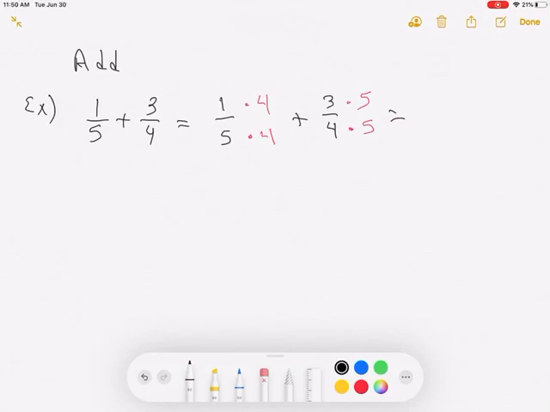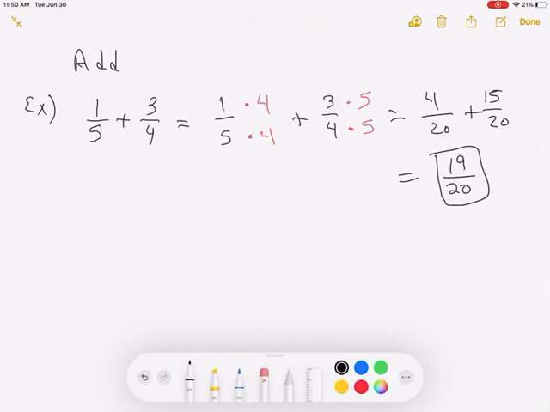So once we do that, 1 times 4 is 4, 5 times 4 is 20, 3 times 5 is 15, and 4 times 5 is 20. Like I said, denominators have to be the same. In this case, they are. Now all we do is add numerators and keep the same denominator, and we get our answer. Now here, the numerator is smaller than the denominator. We cannot change it to a mixed number. We have to leave it like that.